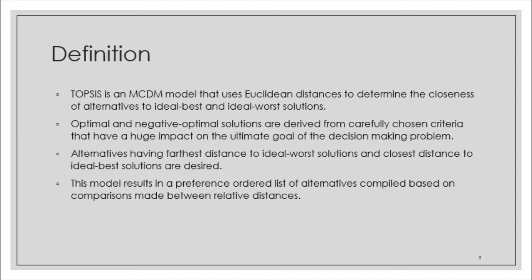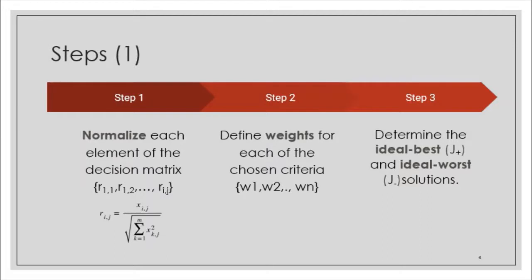So what we do in this method is we try to find the alternative that has the farthest distance to the ideal worst solution and the closest one to the ideal best. Thus, we end up having a list of alternatives that are ordered based on the relative distances that we have computed using the Euclidean method.